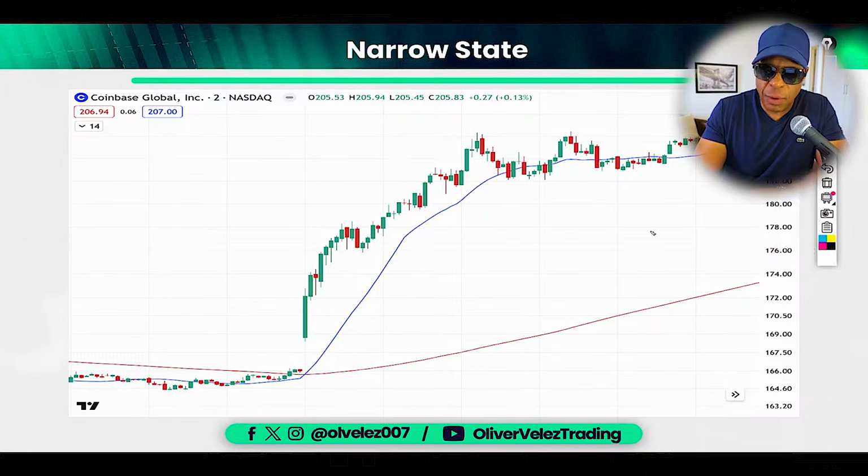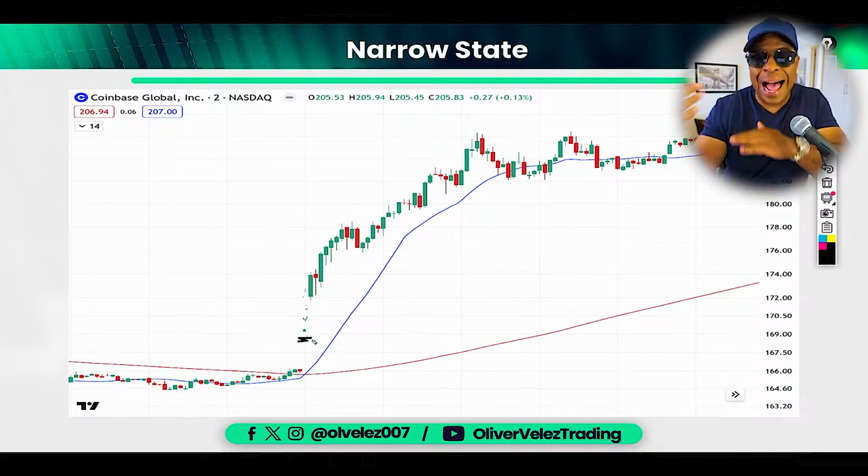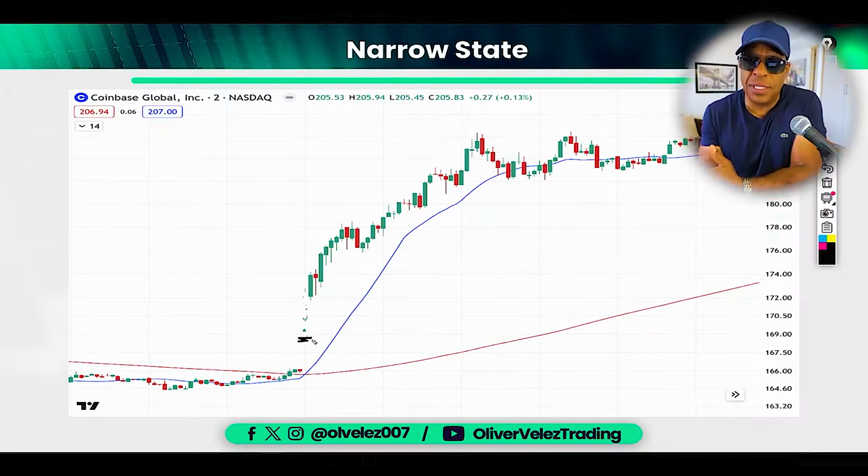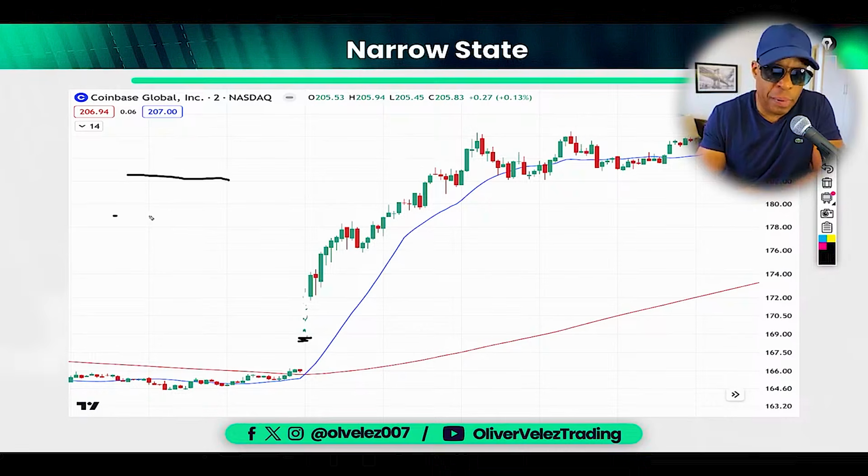This is the way I want to lay it out for you. Do it in stages like this. So the first thing we see is, whoa, Coinbase opens out of the narrow state to the upside. It doesn't open down. It opens up right there.